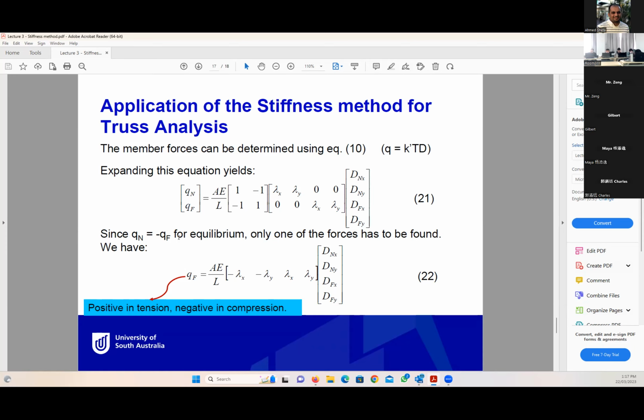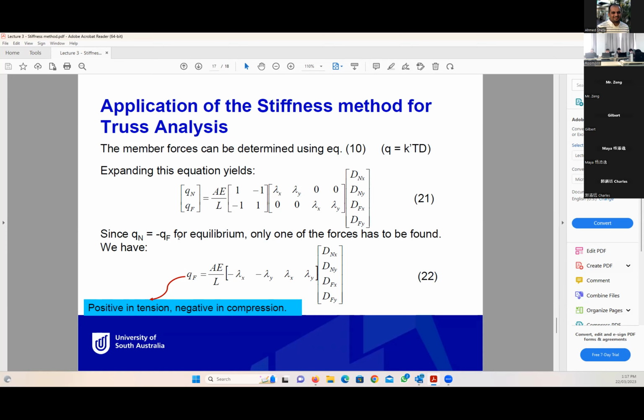Our general equation for the stiffness method is Q equal to K times D. Using this subdivision, we can write it as Qk, Qu, where Qk is known and Qu is unknown, equal to K11, K12, K21, K22 times Du, Dk.